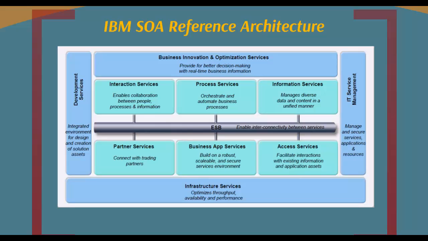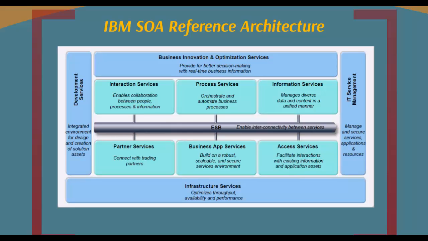So it has a micro view as well as a macro view. This is the overall SOA reference architecture, and you can see that at the bottom is infrastructure service. Infrastructure service underlies all of the services, without which the existence of other services is not possible.